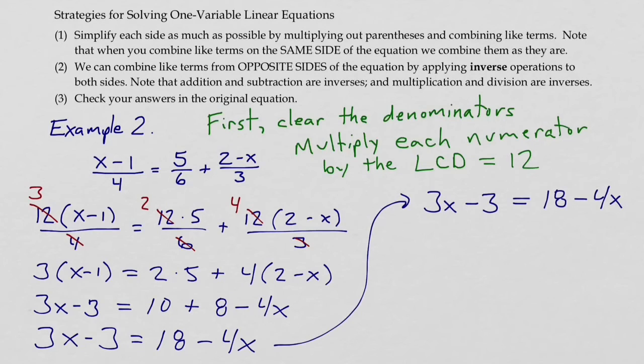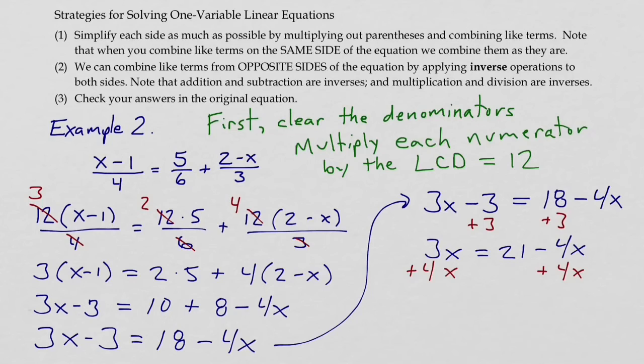And now, combining similar terms from opposite sides of the equation, I can add 3 to both sides to combine the constant terms. And we end up with 3x equals 21 minus 4x. Then I can add 4x to both sides to do the opposite of subtracting 4x. The minus 4x, the inverse of that, is adding 4x.